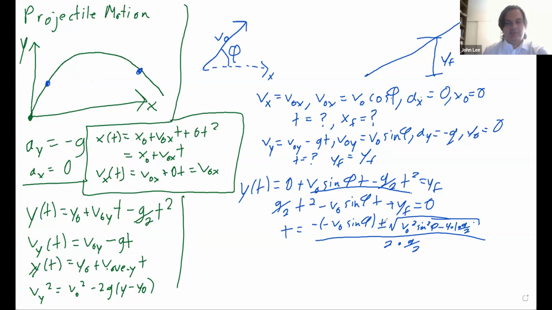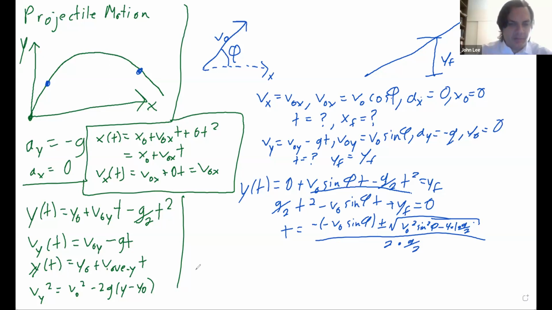So the plus or minus is going to give us either the minus, which is a smaller time, and then the plus is going to give us the time that it takes to go all the way down, to start falling down and hit that height again.